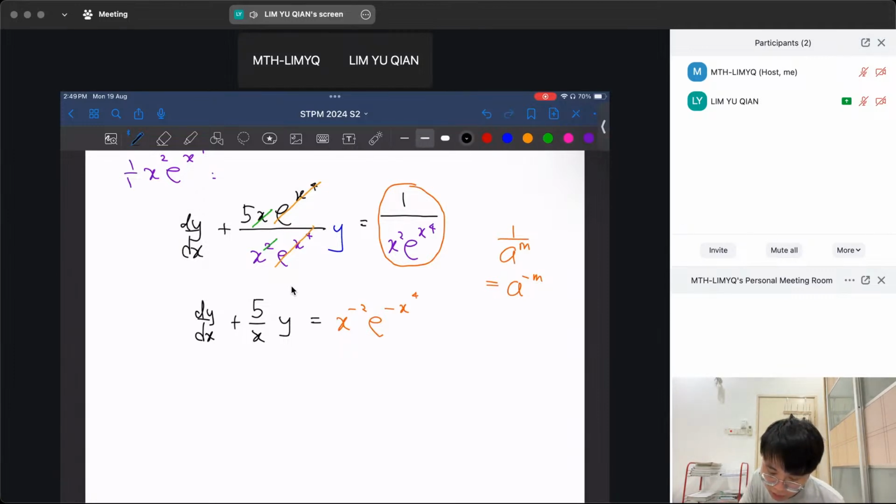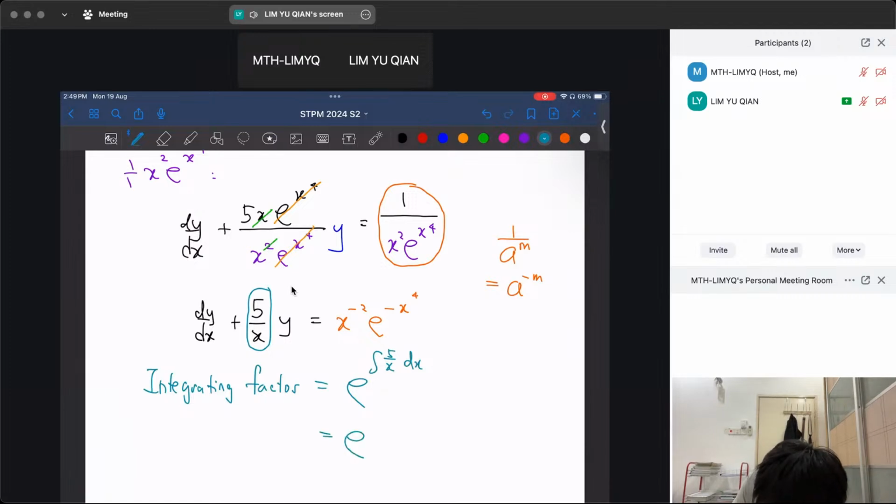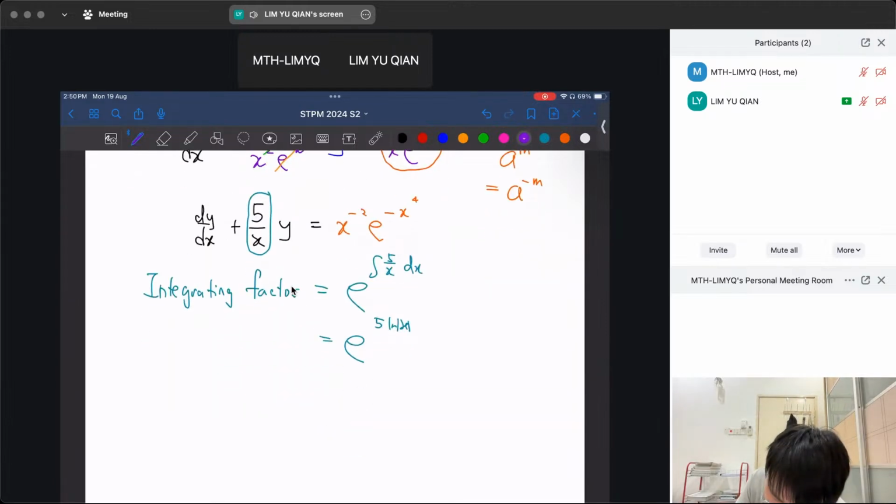Then let's find the integrating factor. This one is your p. So the integrating factor is equal to e to the integration of 5 over x. So the 5 can be taken out, ln x, and then we can take our 5 to the exponent.